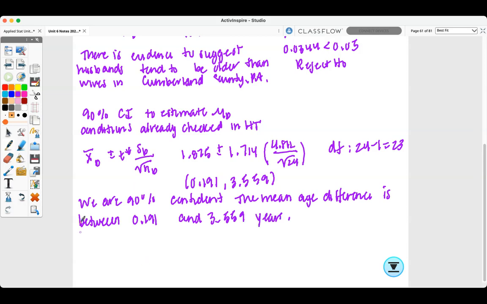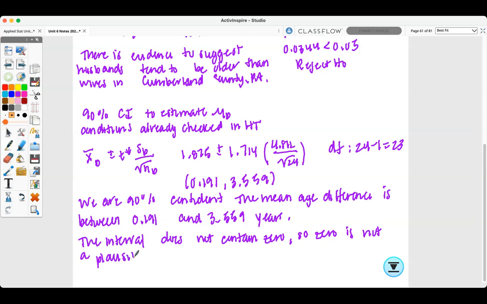The interval does not contain 0. So 0 is not a plausible difference. And this is consistent with our hypothesis test results.